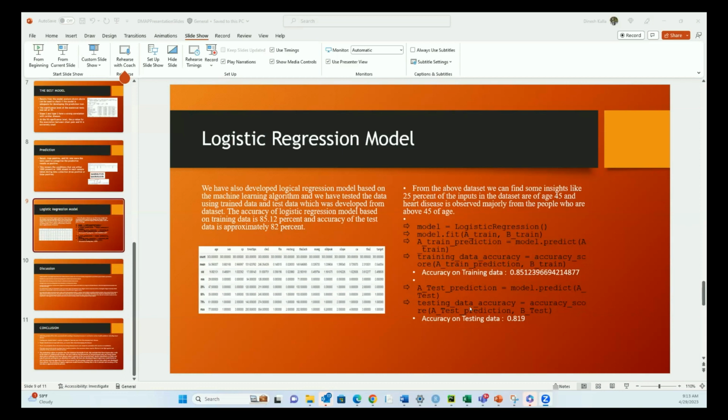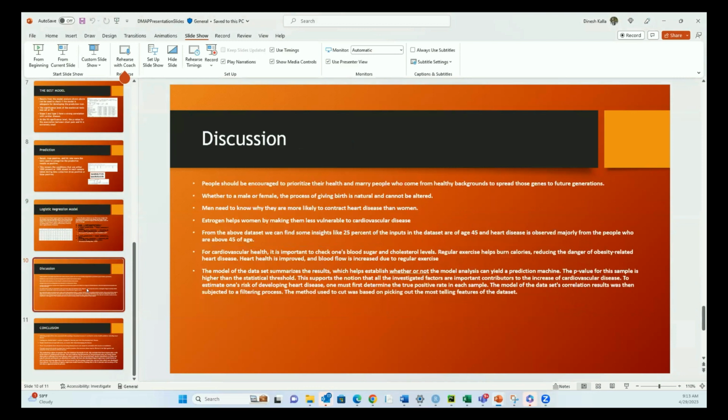We have also performed analysis on the data set. Mostly what we found in the analysis is that heart disease is mostly coming from the ages 35 to 45, and mainly from people with high cholesterol levels and blood sugar levels.